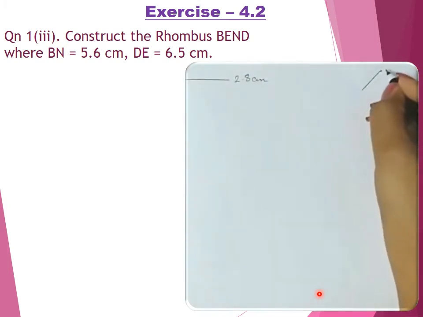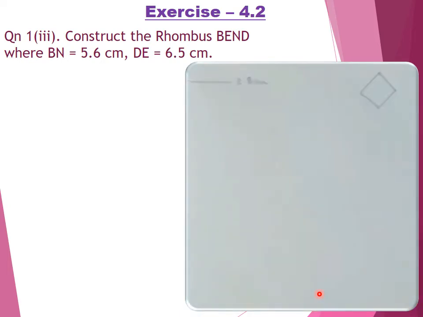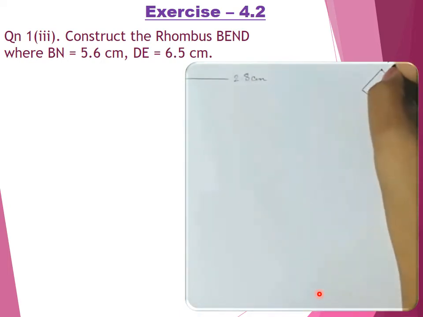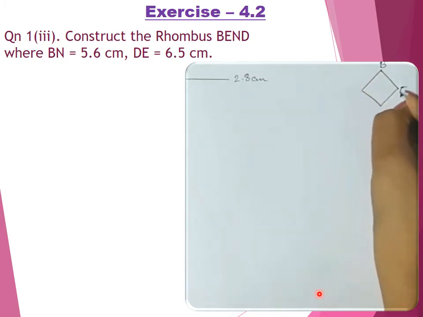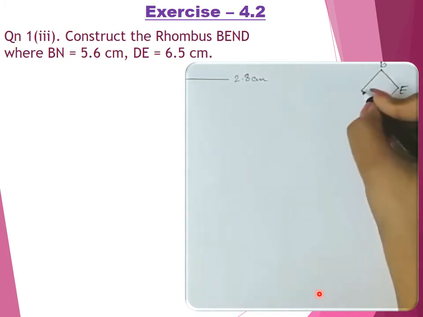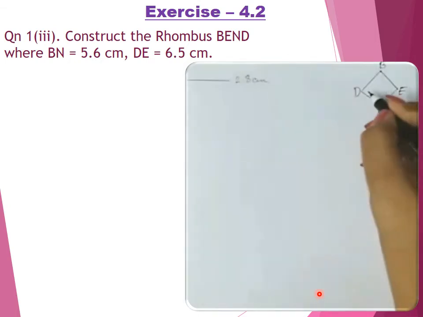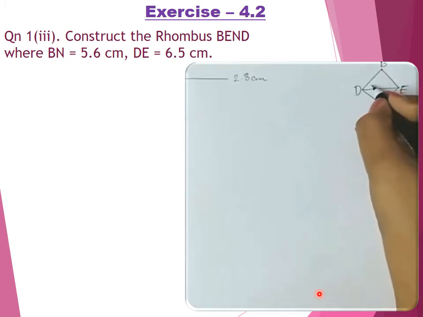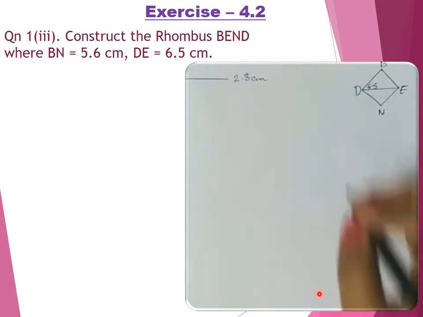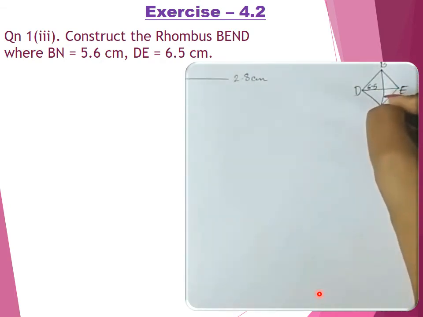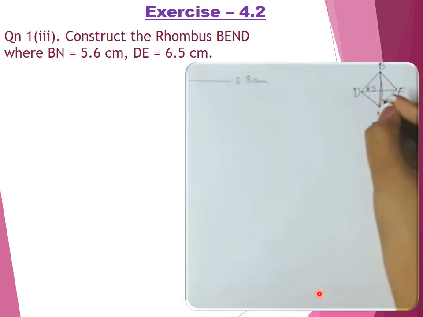So we know it is a rhombus. So because of that, all the sides will be equal. Let us name it as BEND. Now the length of DE is given as 6.5 and the length of BN is given as 5.6.